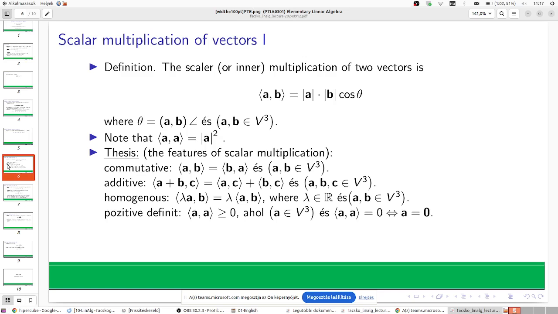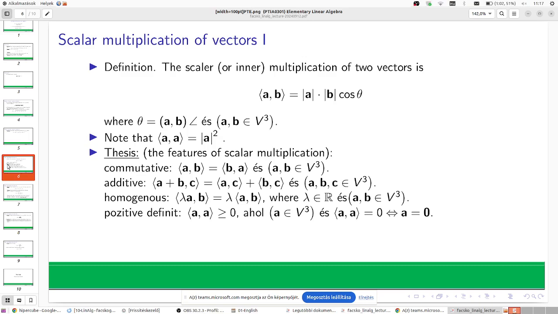Okay, let's remark that if you have the same vector, and you multiply a vector with itself, then you get the square of the length of the vector.